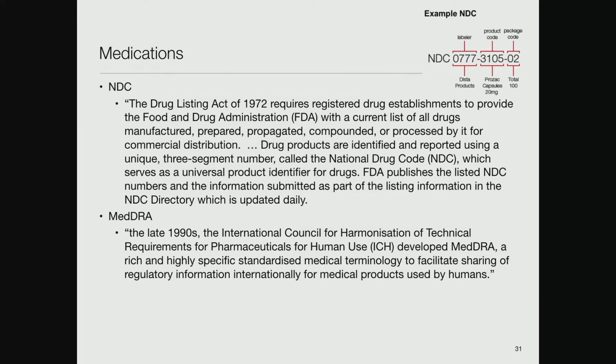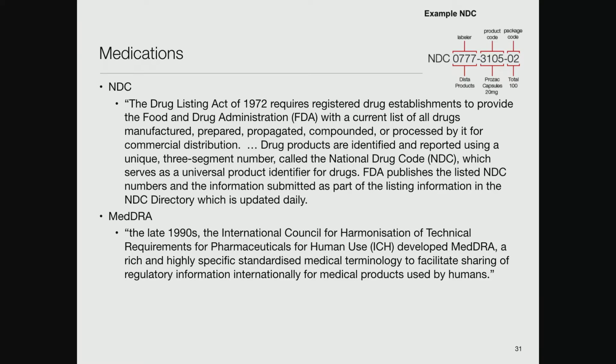Well, a little more about standards. So NDC is probably the best of the coding systems, and it's developed by the FDA. The picture up on the top right shows that the first 4 digits are the so-called labeler. That's usually the person who produced the drugs, or at least the person who distributes them.